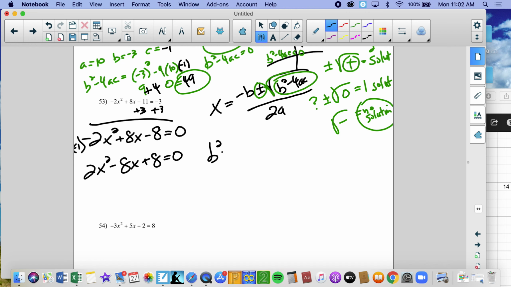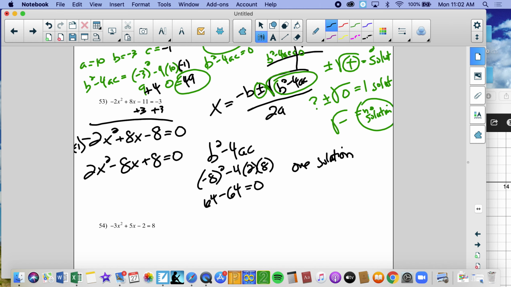Let's write my b² minus 4ac. b is -8. a is 2. c is 8. So we get 64 minus 4 times 32, which is 128... so 64 minus 64, which gives me 0.